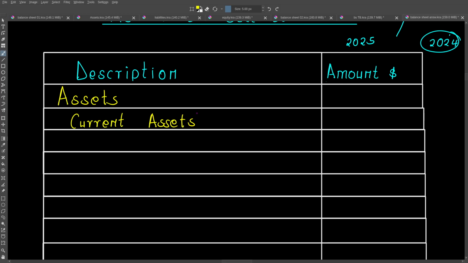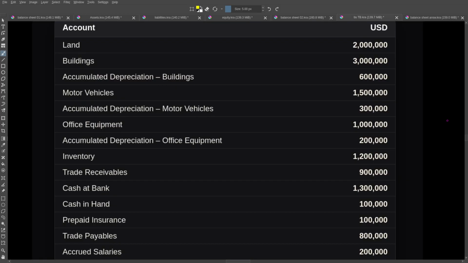Okay, so under current assets, what do we have? We need to look at the trial balance, that is the balances we have, and see what are the current assets and what are the non-current assets. So for the current assets, we start here. We have land. Land is something that will be utilized for a period of more than 1 year. So this is a non-current asset.